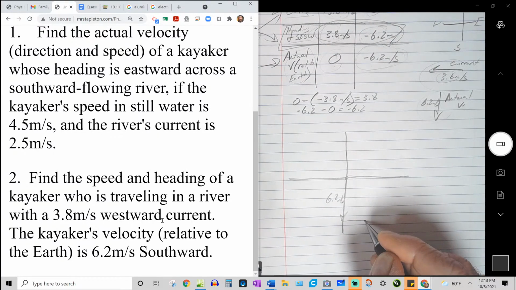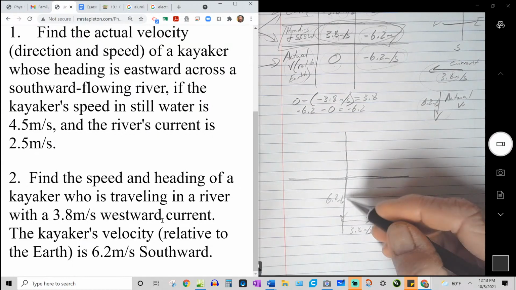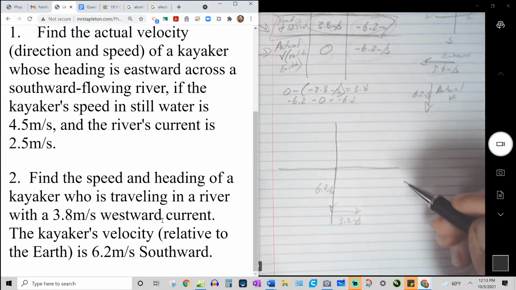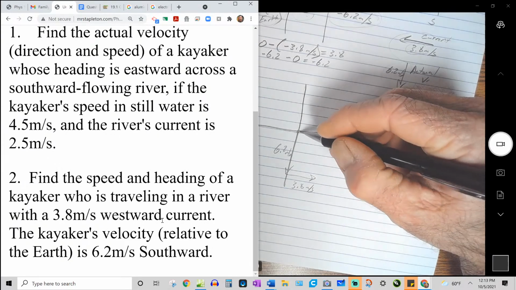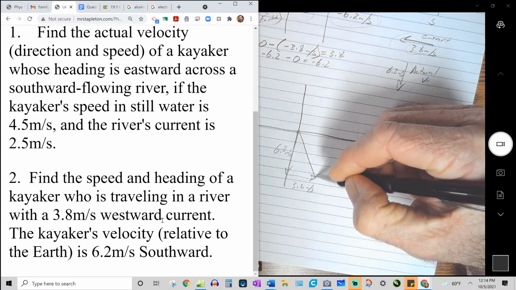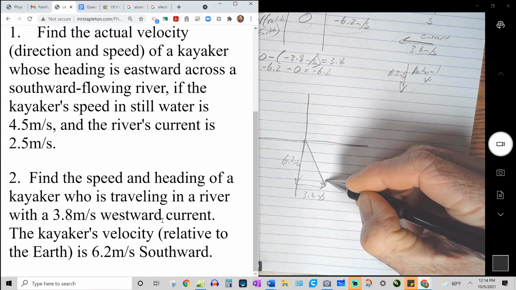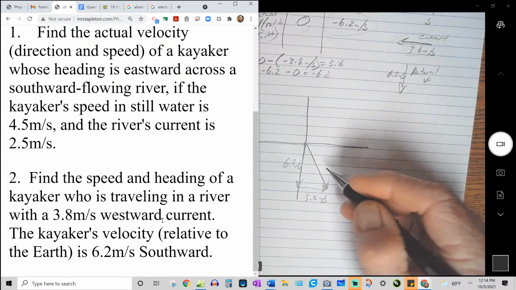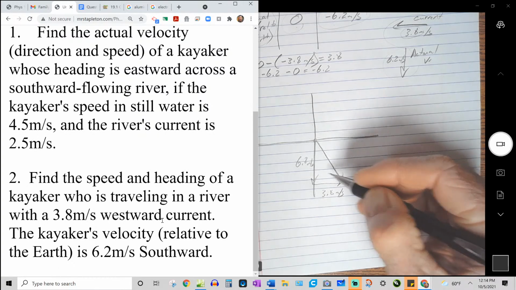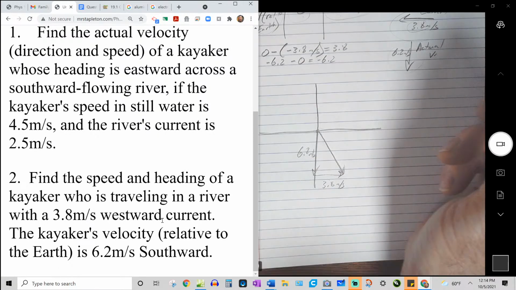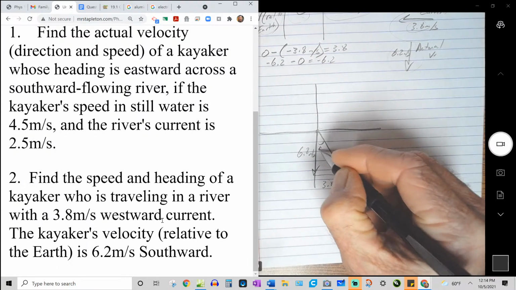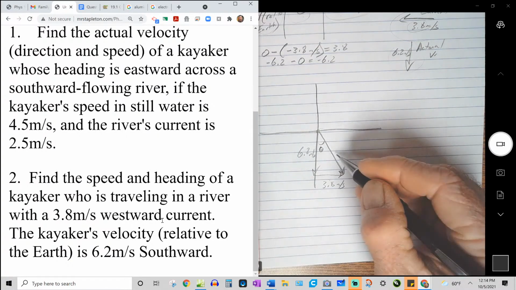Add this on head to tail. So there they are. Those are the two component vectors. I'm going to assemble them into the resultant. So this is the actual way the kayaker is heading and how fast, at least compared to those two things. So I'm going to find this angle, and I also need the length of this.